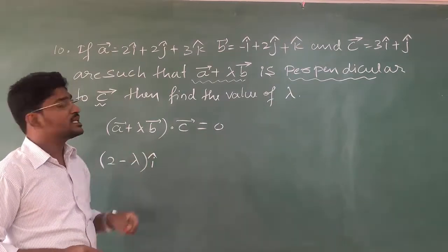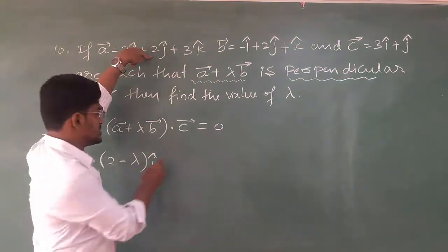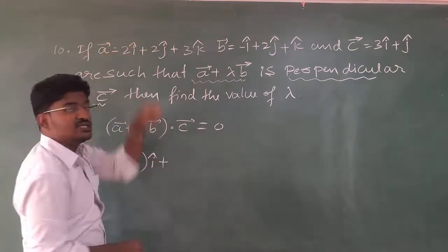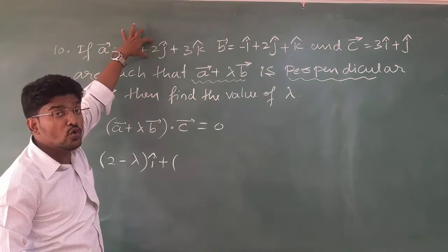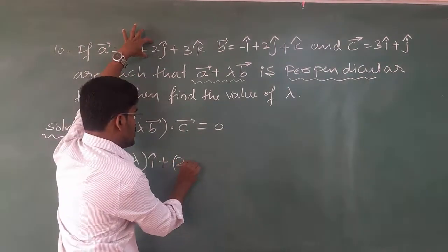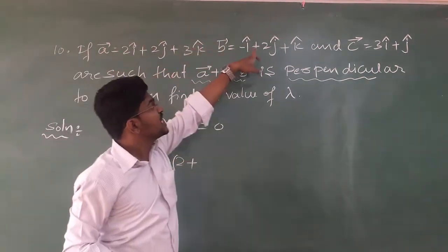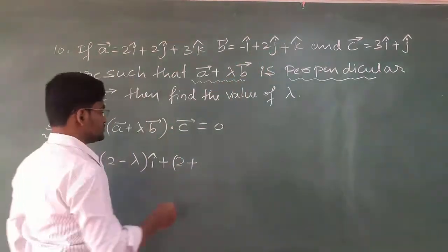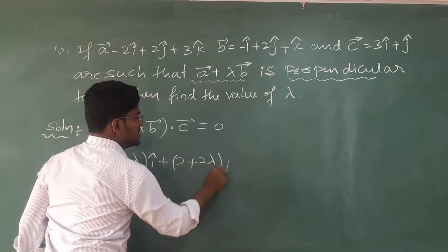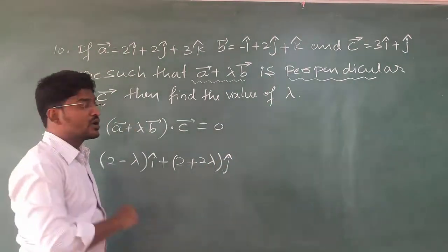So understand that. Next here you have plus. We are adding these two, so I will write here plus. Now in bracket what you are going to have? Again 2 plus, here also you have plus. No problem. 2 lambda. This is j cap. Okay.